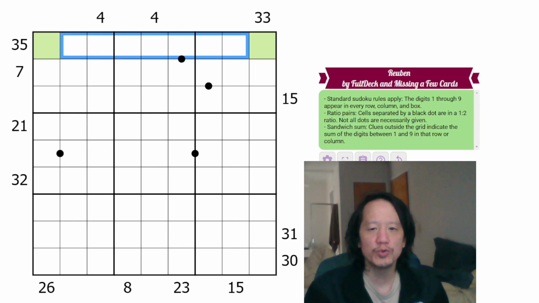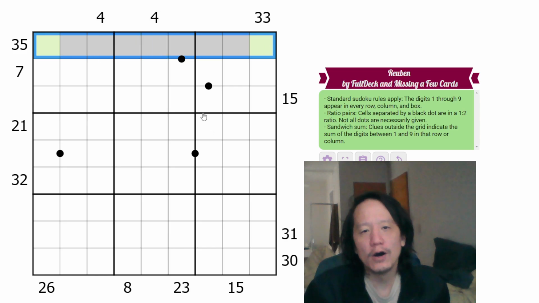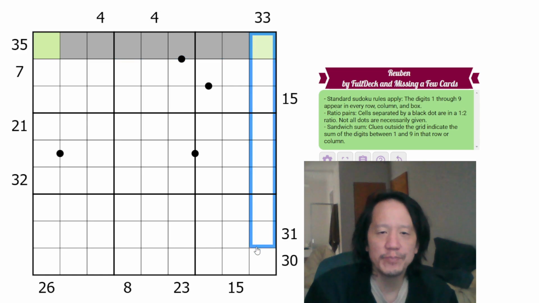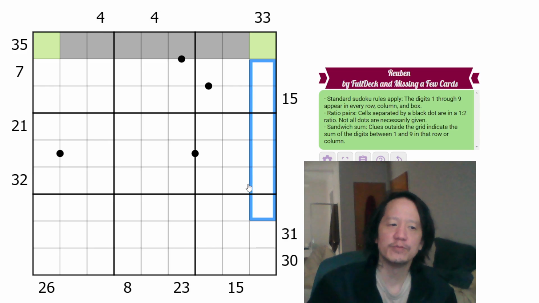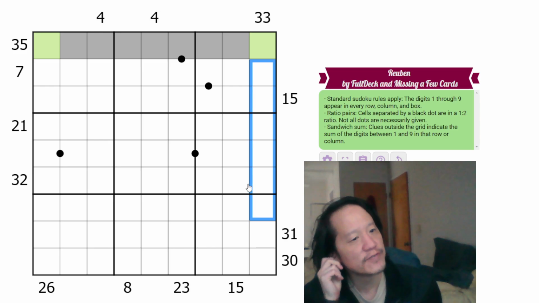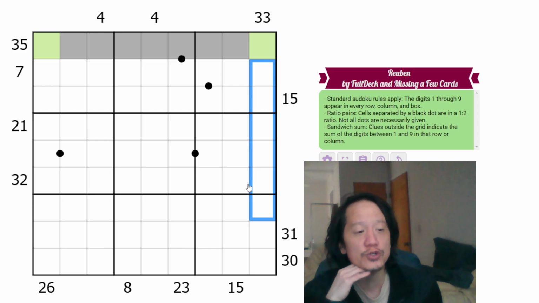So the ones in between cannot be a 1 or a 9, because we have both 1 and 9 in row 1. Well, this column adds up to 33. Now the thing is, what digits can add up to 33 in between 1 and 9? The only digits you can have are 3, 4, 5, 6, 7, and 8. Everything but the 2, in other words.